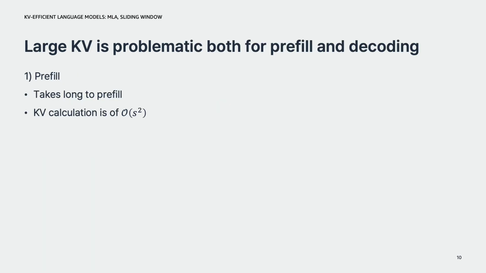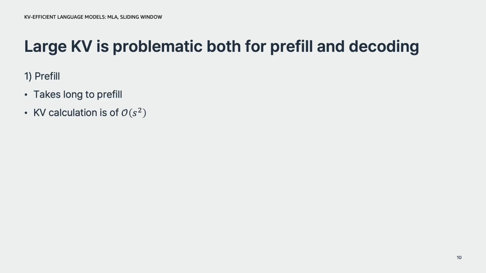So why is large KV problematic? For this, we will separate the two main phases of language model inference, which are prefill and decoding. For prefill, large KV is problematic because then prefill takes a lot of time. As we all know, the time complexity of attention or transformer is O(S) squared.